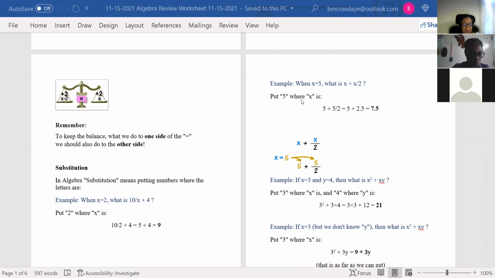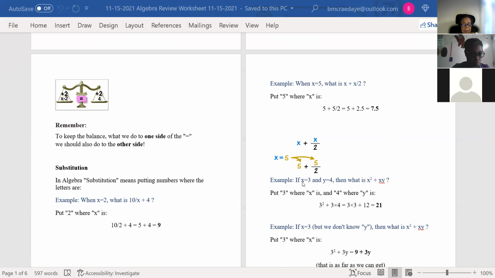So when x is 5, wherever we have an x, we put a 5. So we put a 5 here for the x, and we put a 5 here for the x over 2. So 5 plus 5 over 2, which is 5 halves. And 5 halves, if you divide that out, you get 2 and 1/2, or 2.5. So your answer is 7.5.